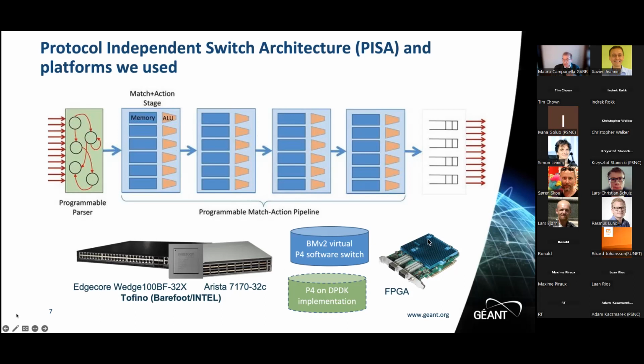And it can be done also by the FPGA itself, because that match action rule is perfect for an FPGA. It can be done by software platforms, and we decided to investigate two platforms.